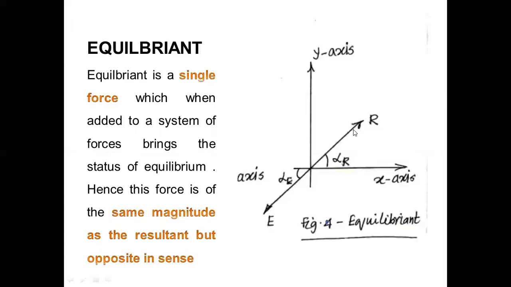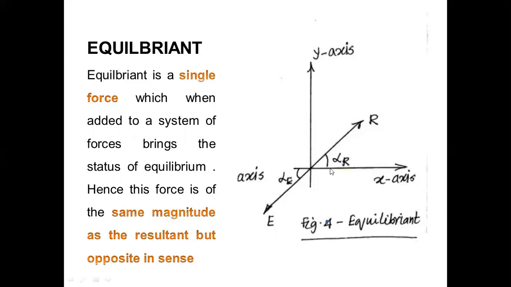Next I am going to talk about the equilibrant. What exactly is the equilibrant? As I mentioned, whenever we are talking about a state of equilibrium, even though forces are acting on a body, there should be some force which balances the body. To balance that body, obviously an equal and opposite force should be acting on it, with the same magnitude as the resultant.